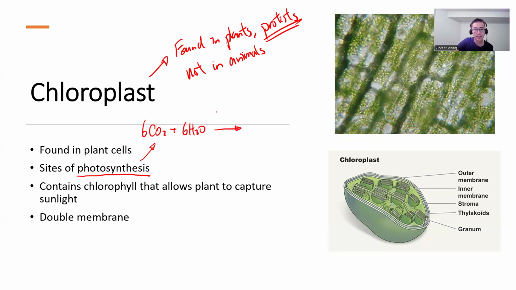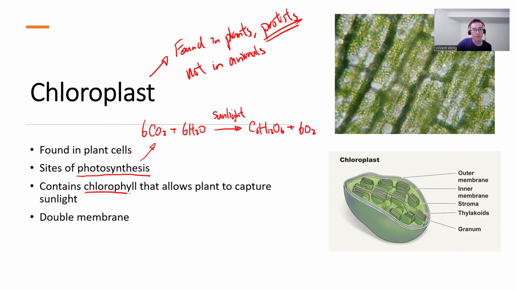And in the presence of sunlight, or really any kind of light, it will become food, right? C6H12O6, that becomes the glucose. The glucose can then be stored as starch. We learned that before, and produces oxygen. Right? So this is photosynthesis. And it happens in the chloroplast.